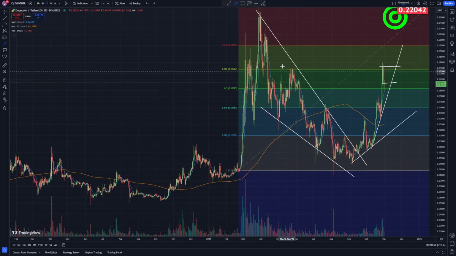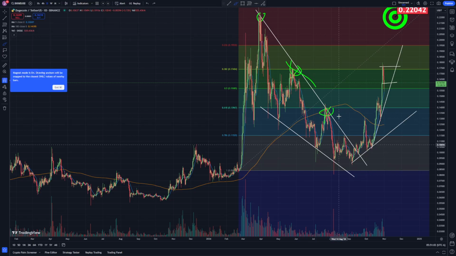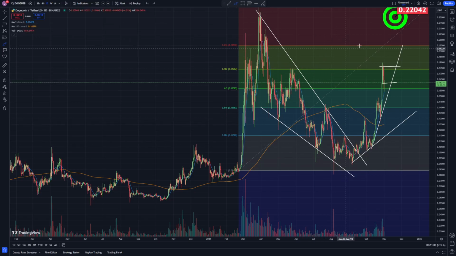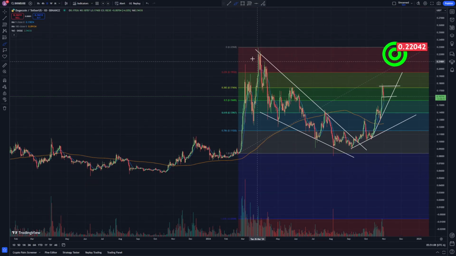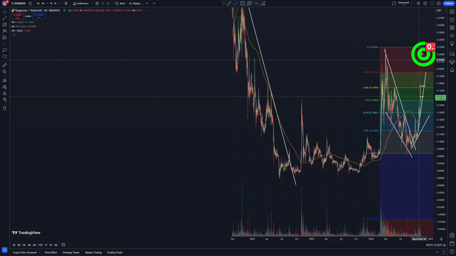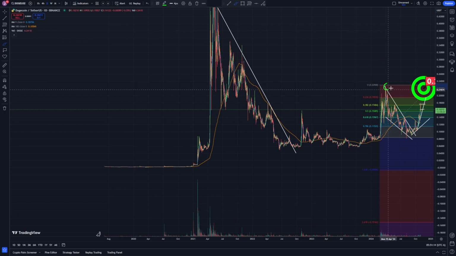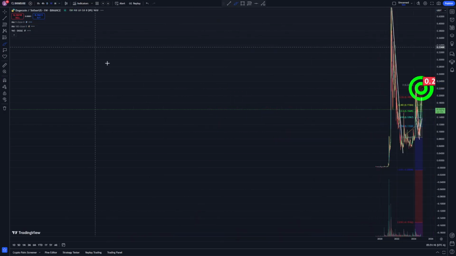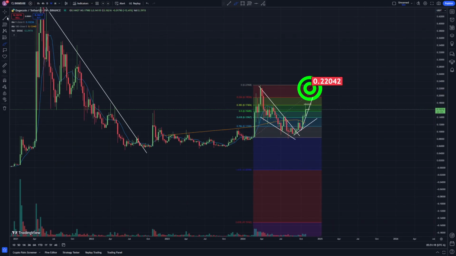So we have this pattern and the targets. It came up and hit those first two targets, which was nice. But now we want to see if we can hit that third target and/or break out of this Fibonacci retracement box. I think if we break out of the Fibonacci retracement box and break this top right here, then we can start looking at the next resistances that we have.